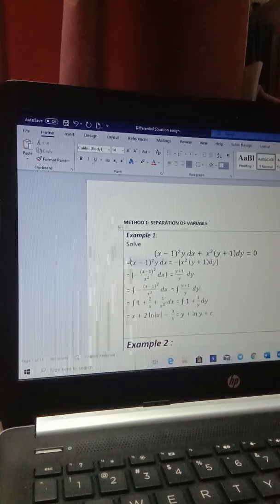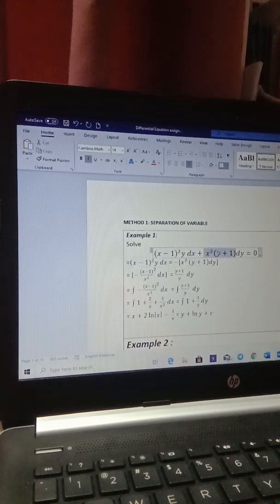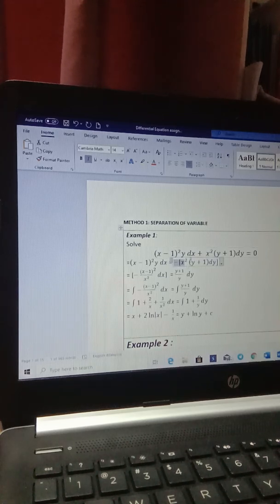First of all, we bring the x squared (y plus 1) dy to the other side, so it will look like negative x squared (y plus 1) dy, negative because we transfer it to the other side.